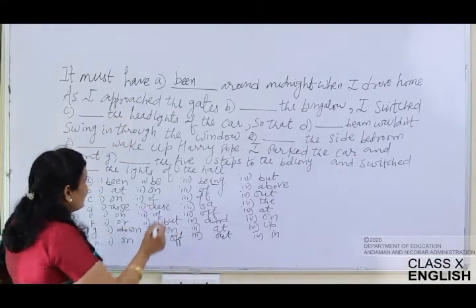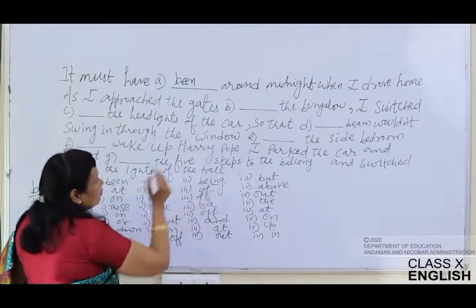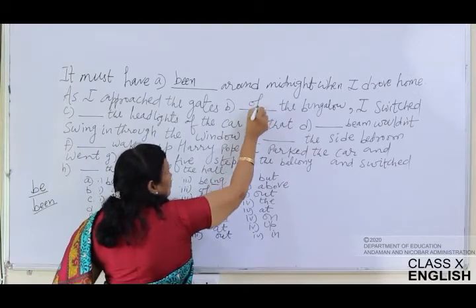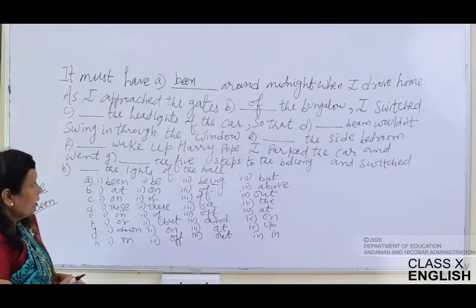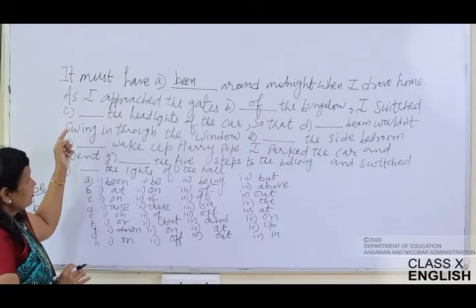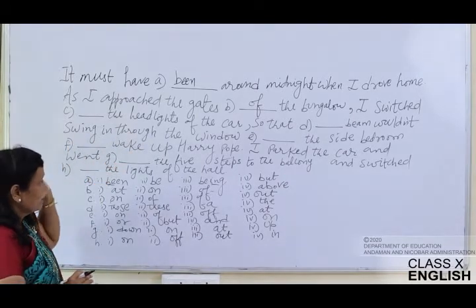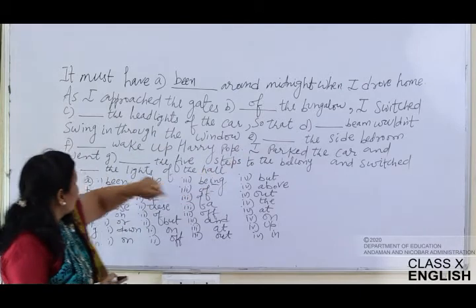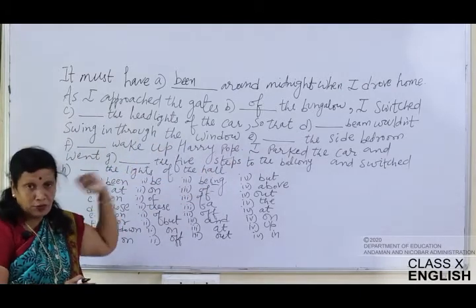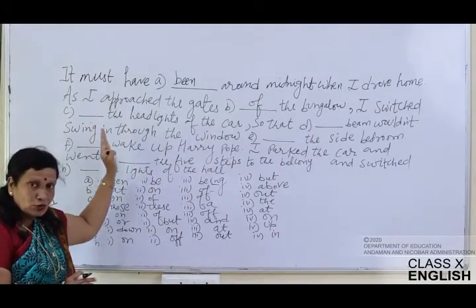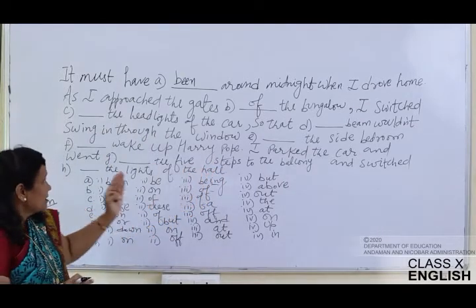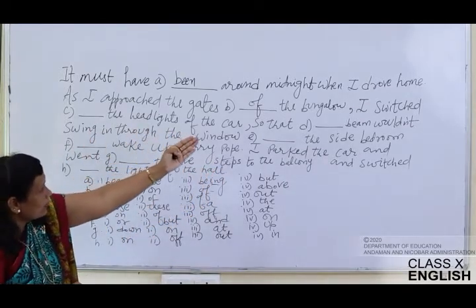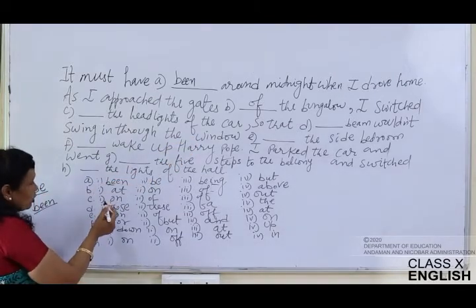So, what would be the right option is off. So, off the bungalow. I switched the headlights of the car so that beam wouldn't swing in through the window. As I told you, all the sentences are connected. So, gates of the bungalow, I switched, what are the options?